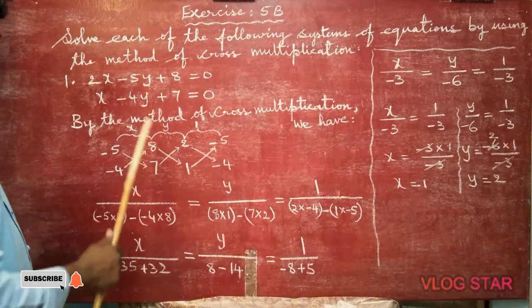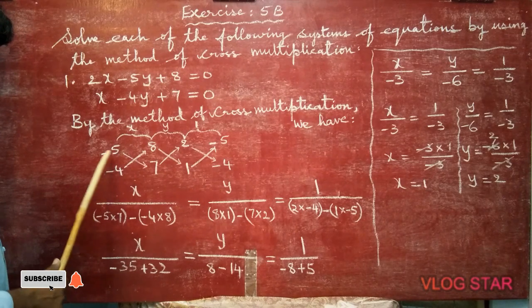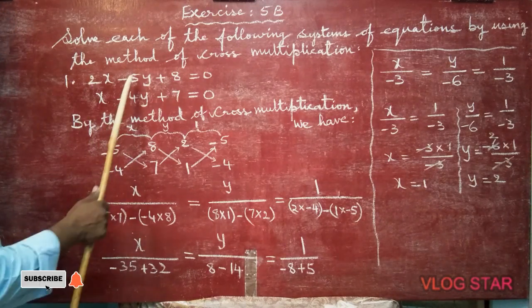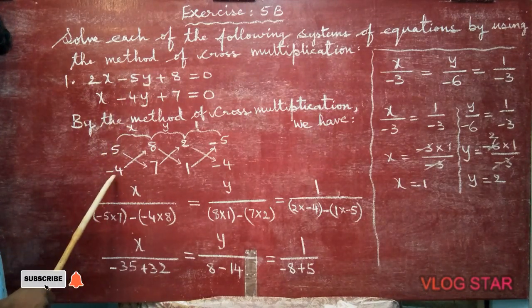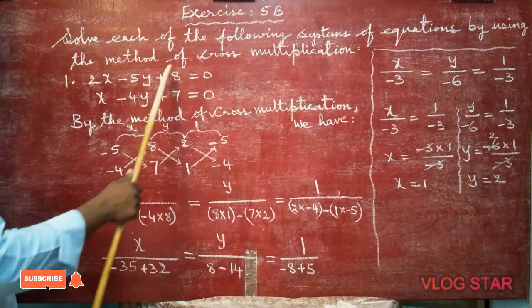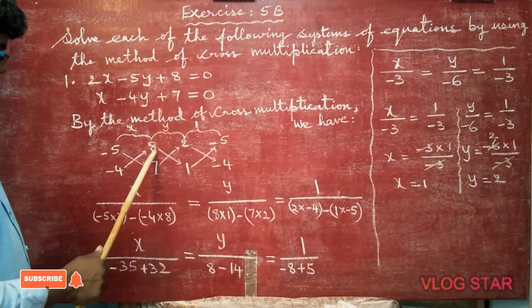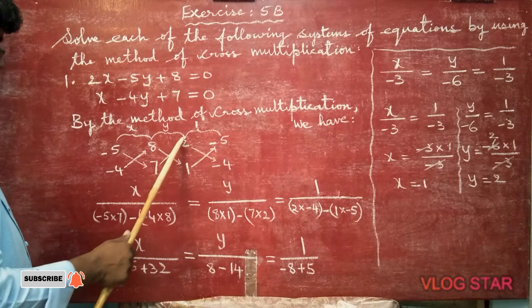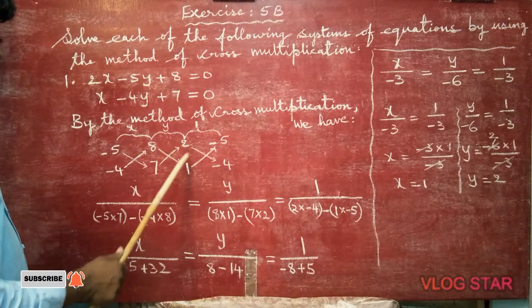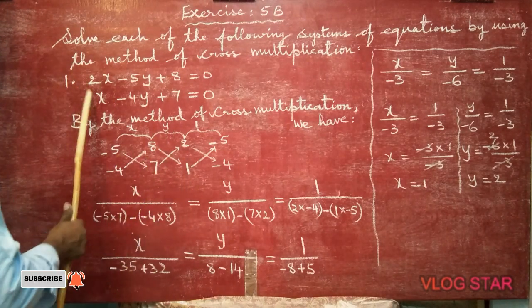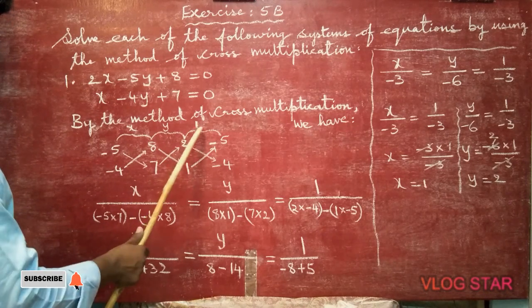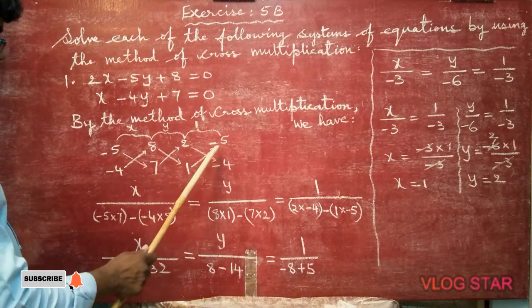You have to remember. So for x, you won't write x coefficients. What are the y coefficients? Minus 5, minus 4. And what are the constants here? Plus 8, plus 7. And now you are going to write x coefficients. What are the x coefficients? 2, 1. And repeat what you have written first.